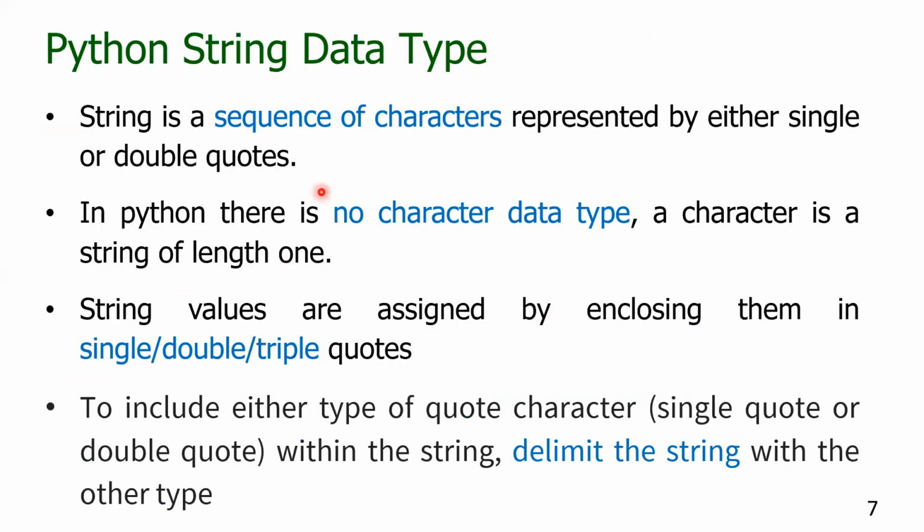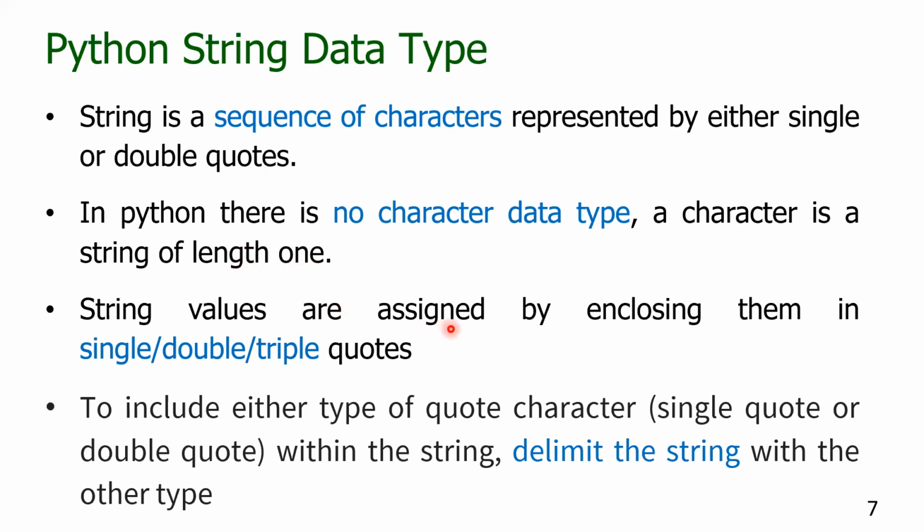Let us move to the next data type, which is a string data type. String is a sequence of characters represented by either single or double quotes, and we can also use triple quotes. In Python, there is no character data type. A character is also a string of length 1.